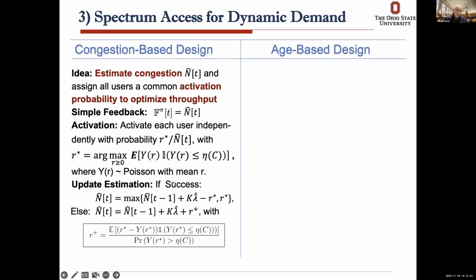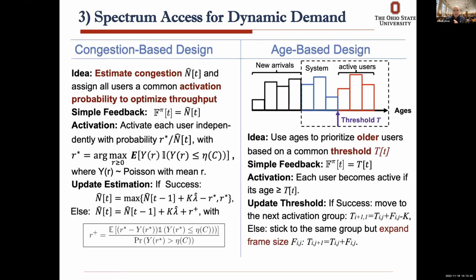Based on whether there's a success or a failure, N hat is updated. That update rule is characterized. It is intricate, but very simple. We need to find the correct update parameters here, but they are all well described. So that's the one rule. The other is age-based.